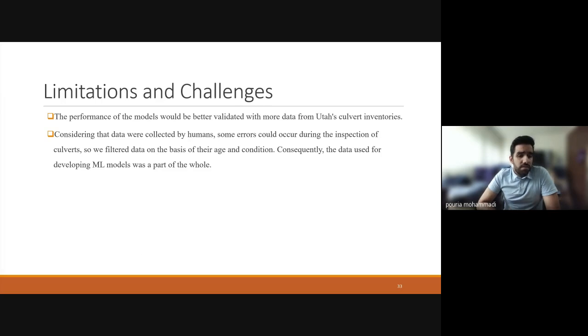Considering the data were collected by humans, some errors could occur during the inspection of culverts. So we put some filters on the data based on the age and the condition. As a result, the data that we used for developing ML models was a little smaller than what we collected, and that's another issue.